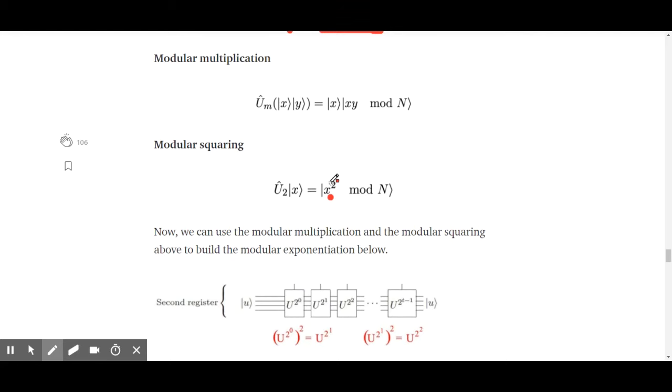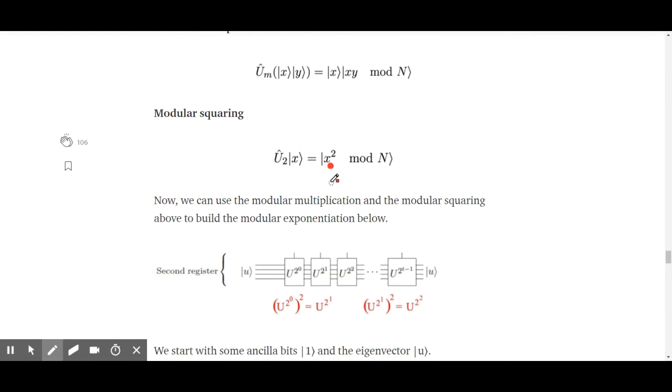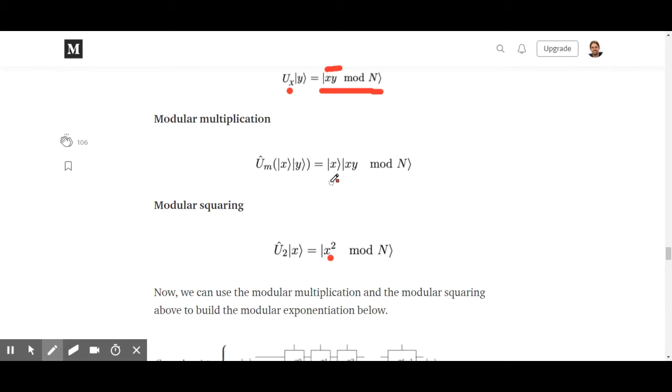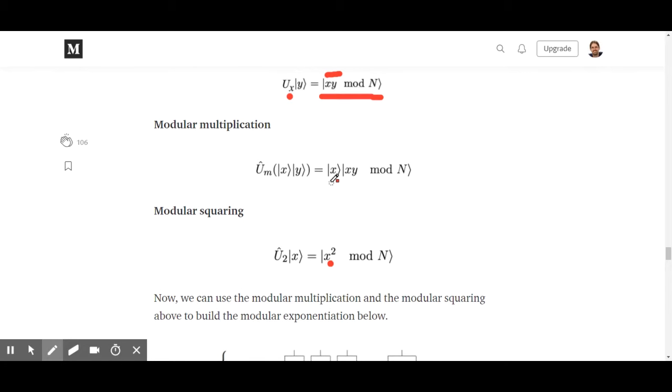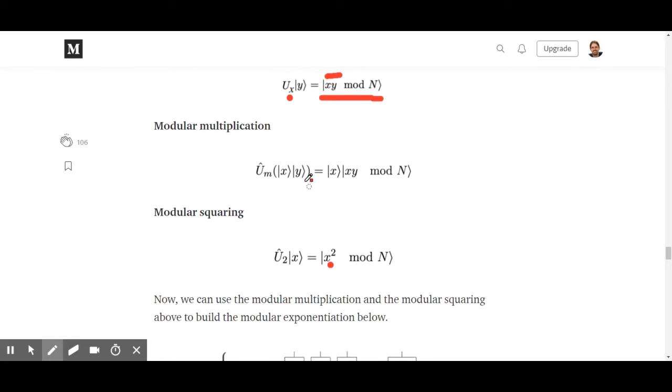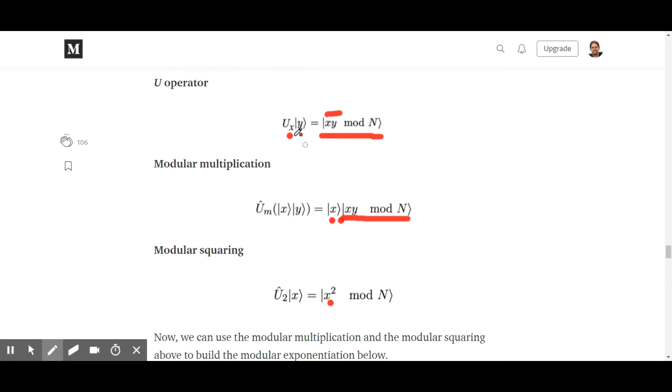It's the modular multiplication and the modular squaring both to build a modular exponentiation. And then modular multiplication is x times this, which is this here.